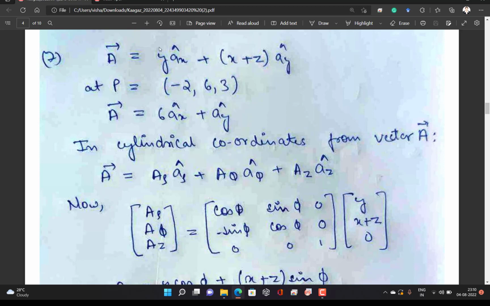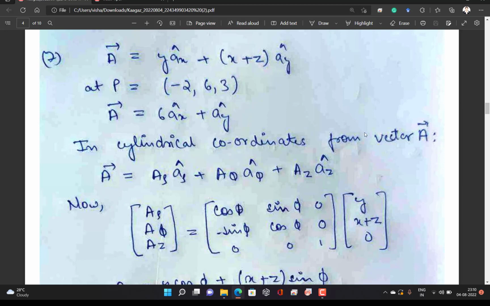So let's put these y, x and z from point P. Here we will get 6ax plus (x plus z), that is -2 plus 3, that is 1, ay. So vector A at point P is 6ax plus ay.